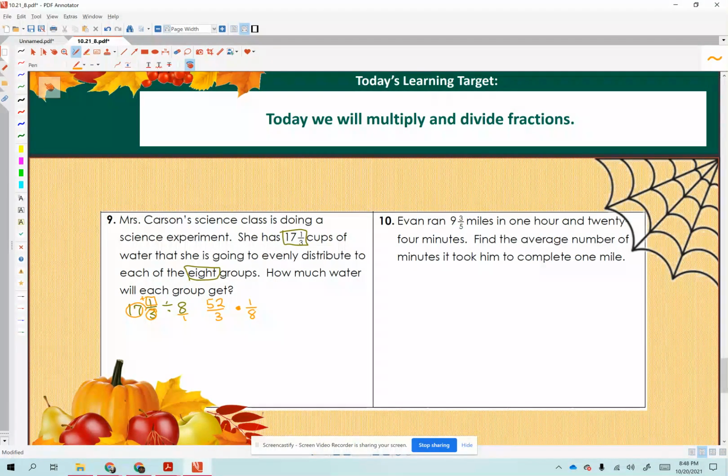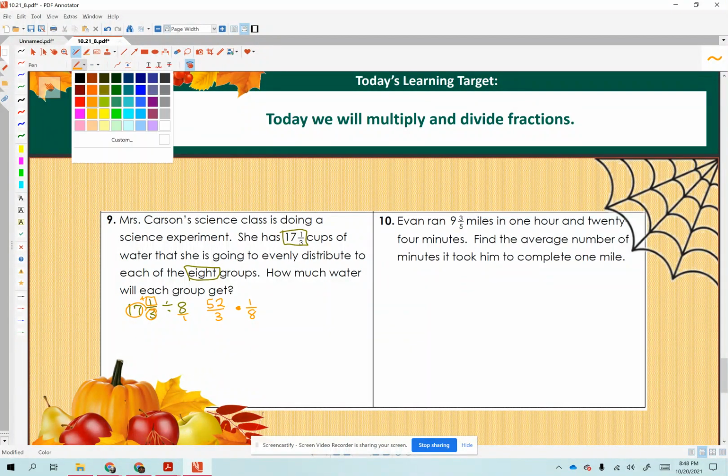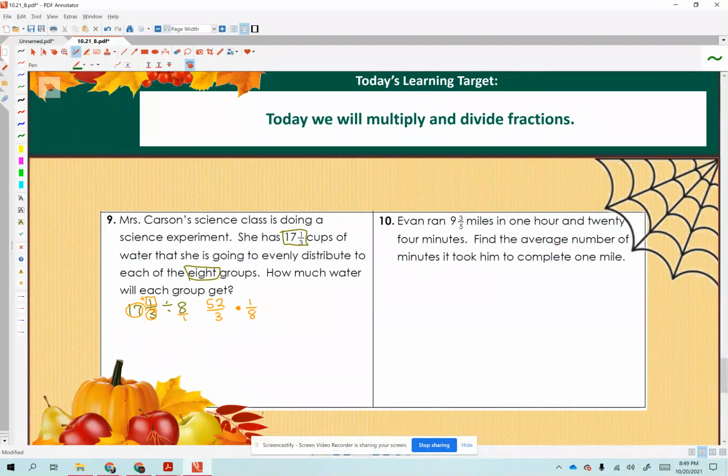So we can divide, the 3 and the 1 stand, but the 8 and the 52 can be simplified by dividing by 4. So 8 divided by 4 is 2, and 52 divided by 4 is 13.